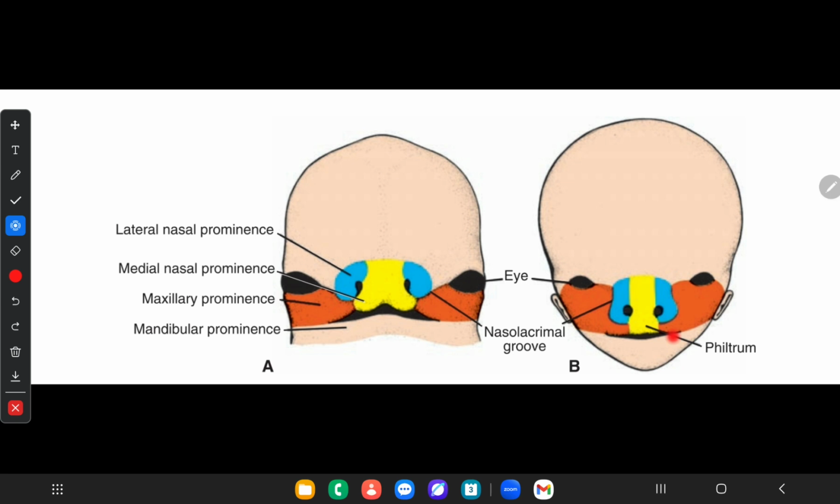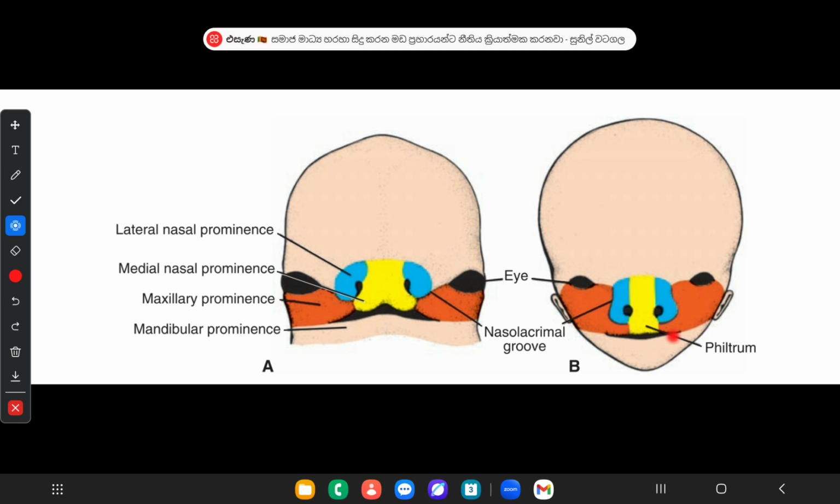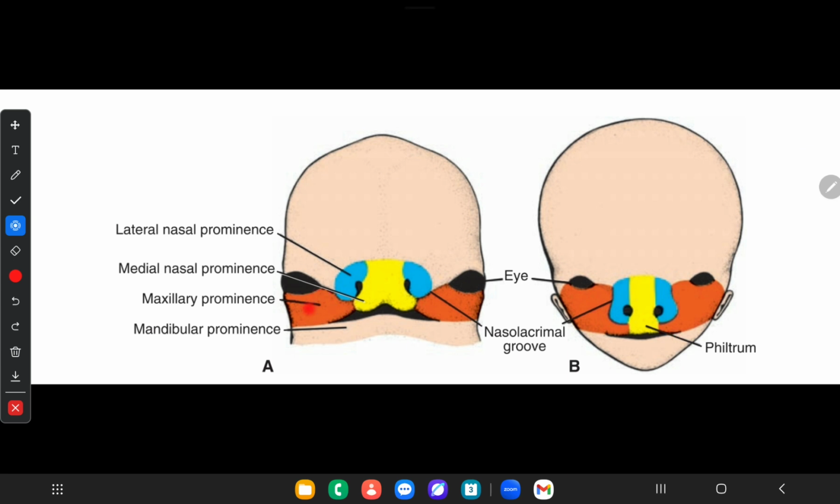Initially, the maxillary and lateral nasal prominences were here. In between the maxillary prominence and the lateral nasal prominence, there is a deep furrow called the nasolacrimal groove, and the ectoderm in the floor of this groove forms a solid epithelial cord that detaches from the overlying ectoderm.